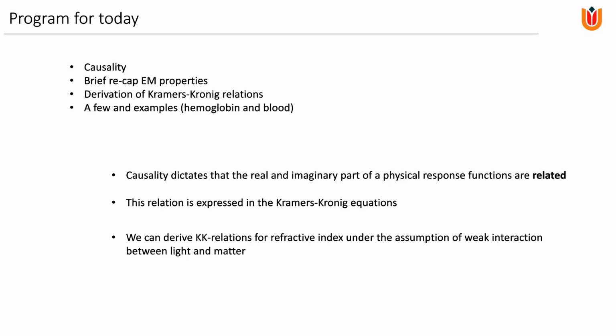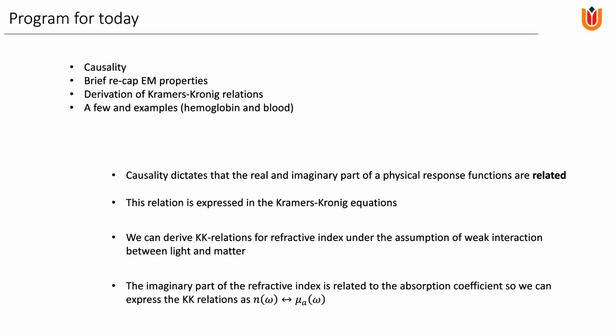Applied to optics, that means that we can derive Causality equations for the refractive index. You have to make one assumption there, that is an assumption that you always make. Maybe that there is some weak interaction between the light and matter.